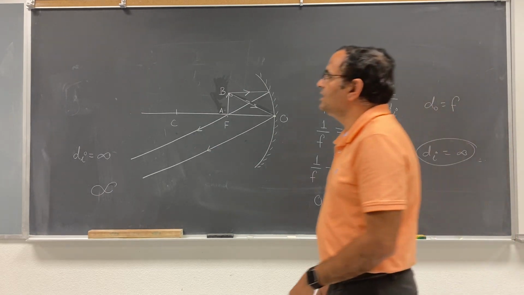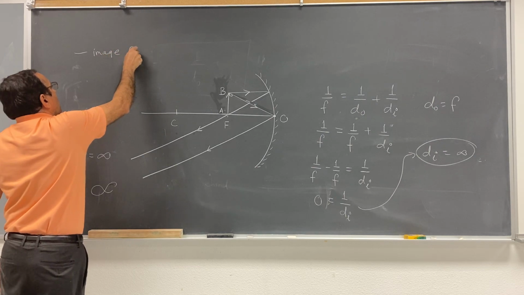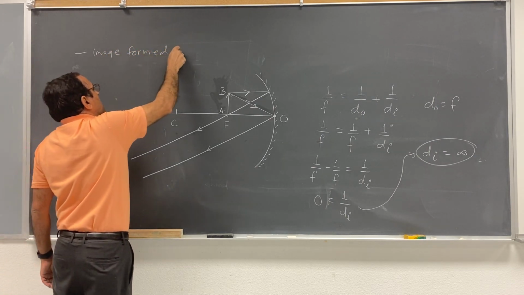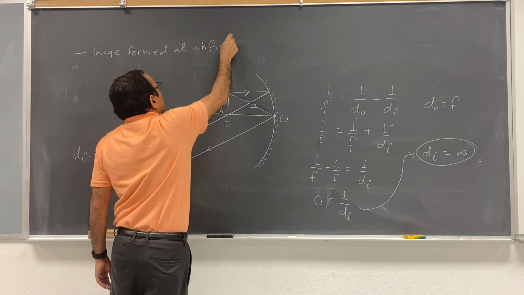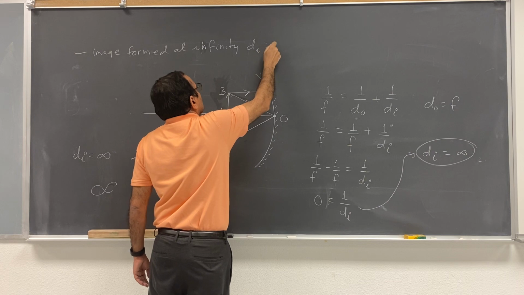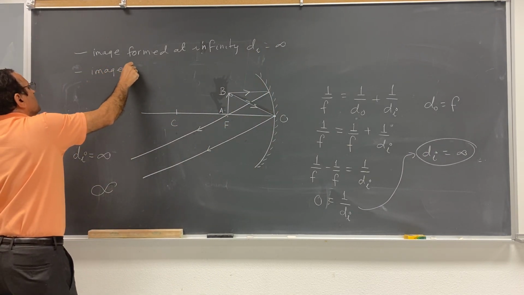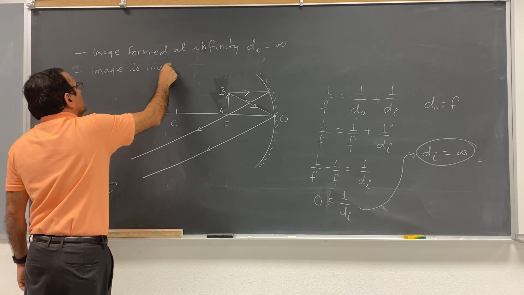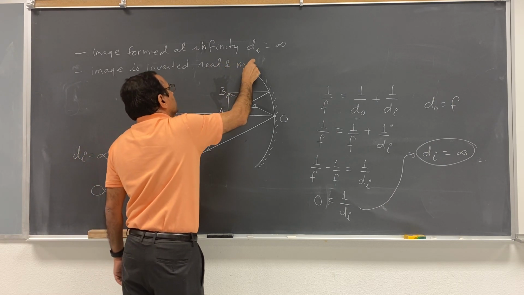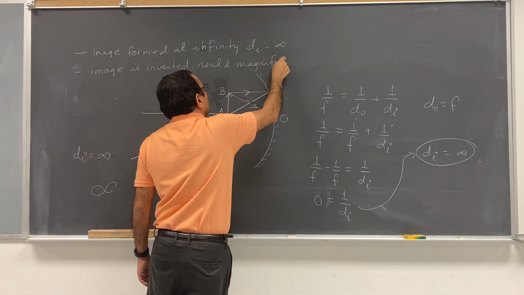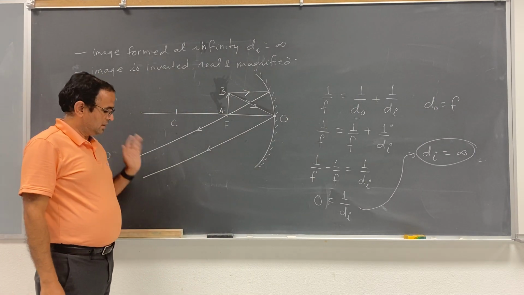The image is formed at infinity, d_I equal to infinity, and the image is inverted, real and magnified. Okay, so this is the case if you keep the object at the focal point.